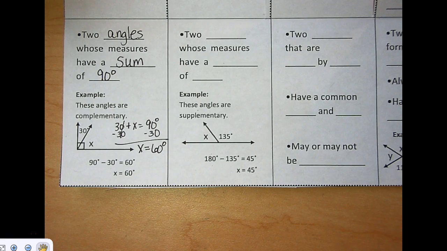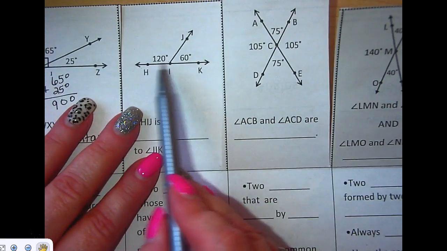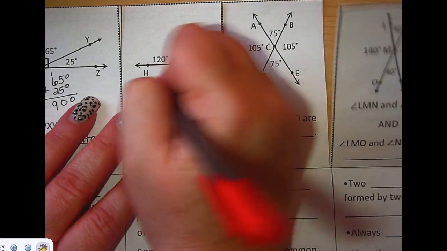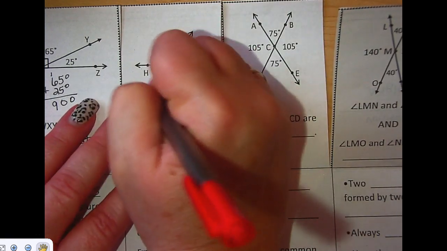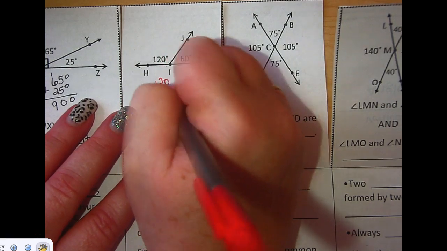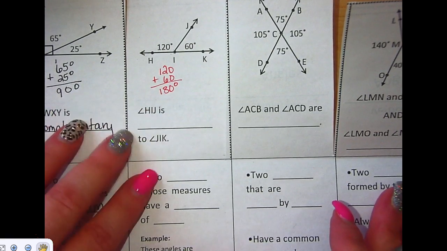We ready? Okay. The next one, supplementary angles. I can tell these are supplementary because they form a straight line. So 120 degrees plus 60 degrees is 180 degrees. 60 plus 120 is 180.